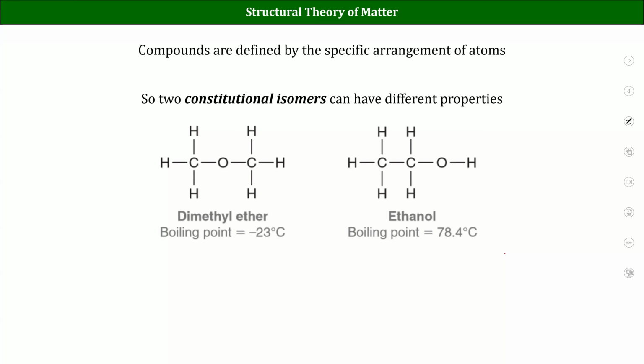Or at least that's what a constitutional isomer is. We're going to talk about stereoisomers, optical isomers a little bit. But basically, it means the same atoms, but a different arrangement in space.